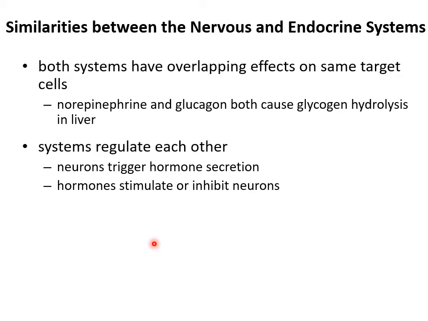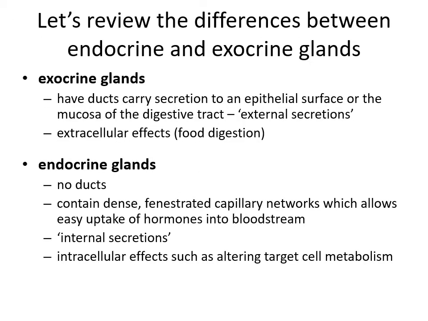And the two systems regulate each other. Neurons trigger hormone secretions, and hormones stimulate or inhibit neurons. So that's the basic compare and contrast of the nervous system and the endocrine system.